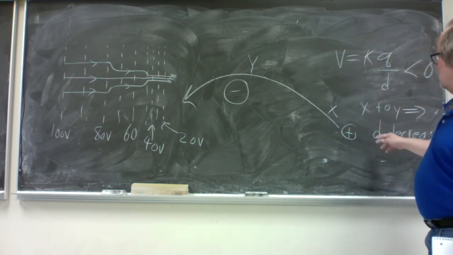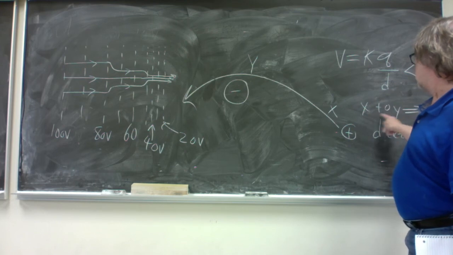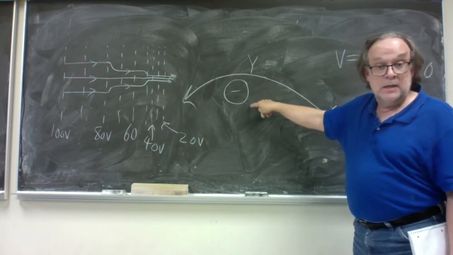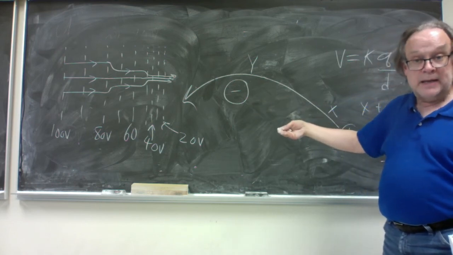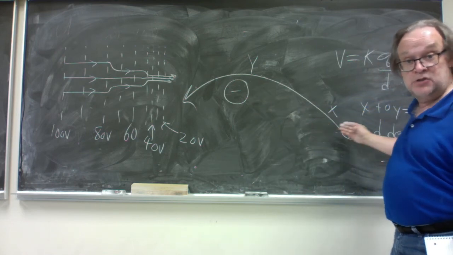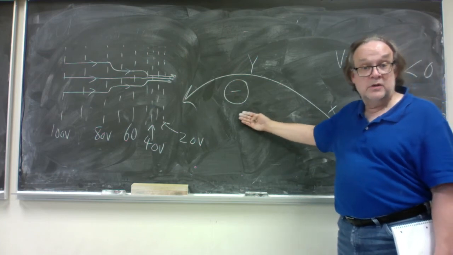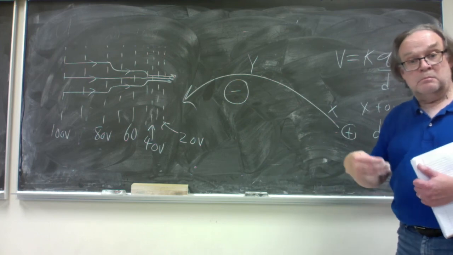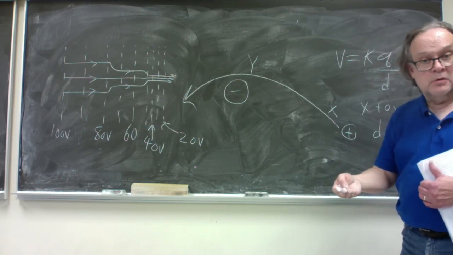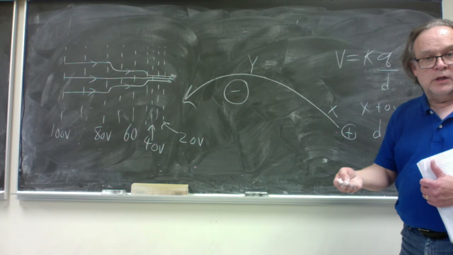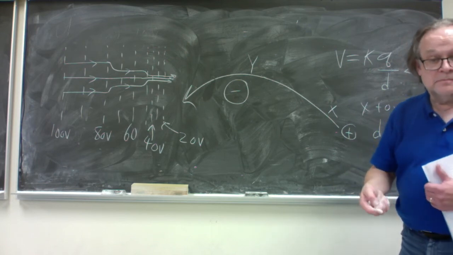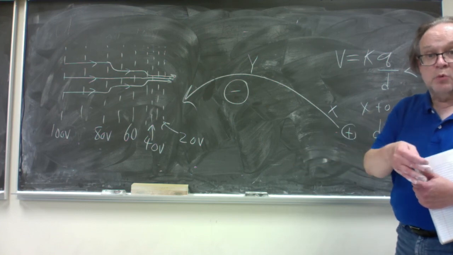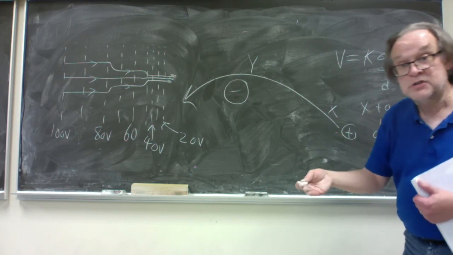So as D decreases, in other words, as this particle gets closer and closer to here, it sees more and more negative potentials. The potential gets more and more negative as you get closer. Becoming more and more negative really means decreasing, because of course to get from one negative number to an even more negative number, you have to subtract.